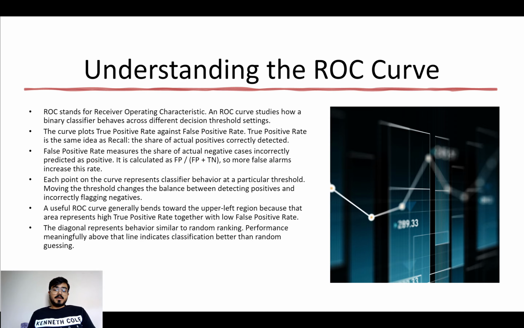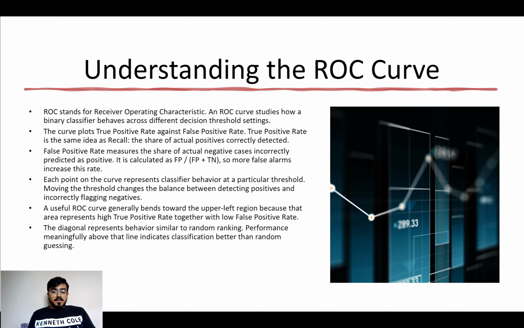In general, a better model produces a curve that stays closer to the upper left corner of the graph, because that means it detects more positive cases while keeping false alarms as low as possible. The diagonal line represents a model that performs no better than random guesses.